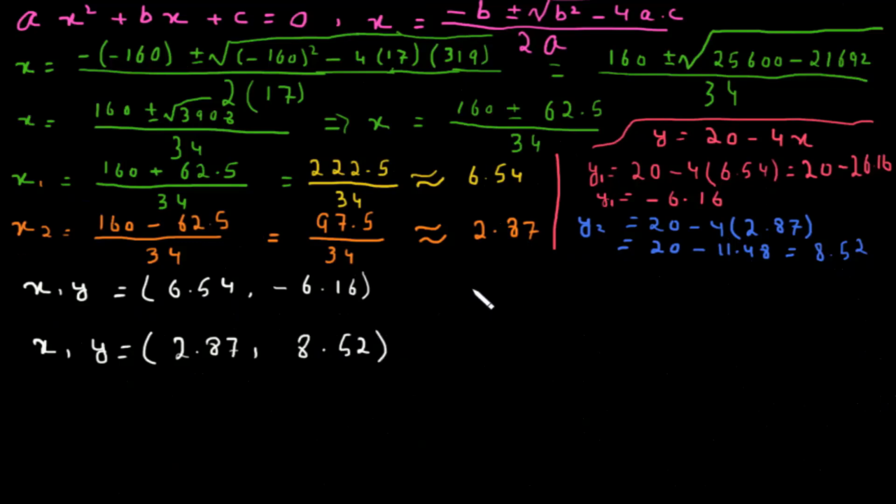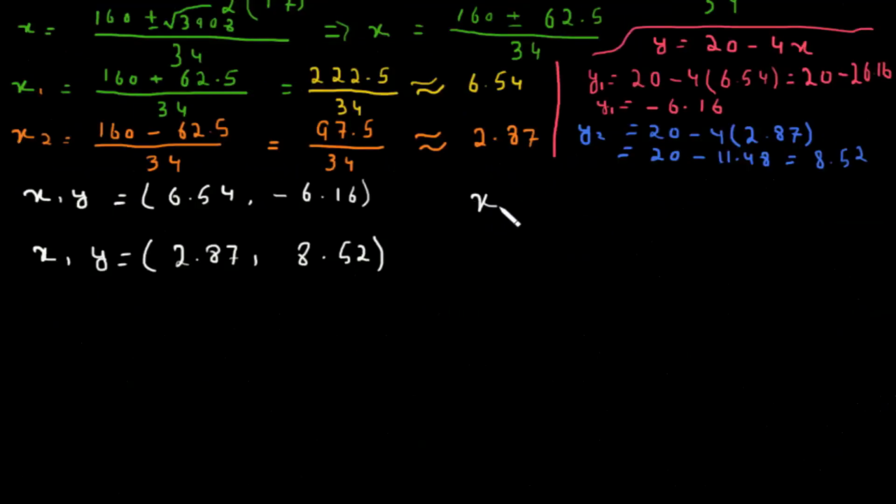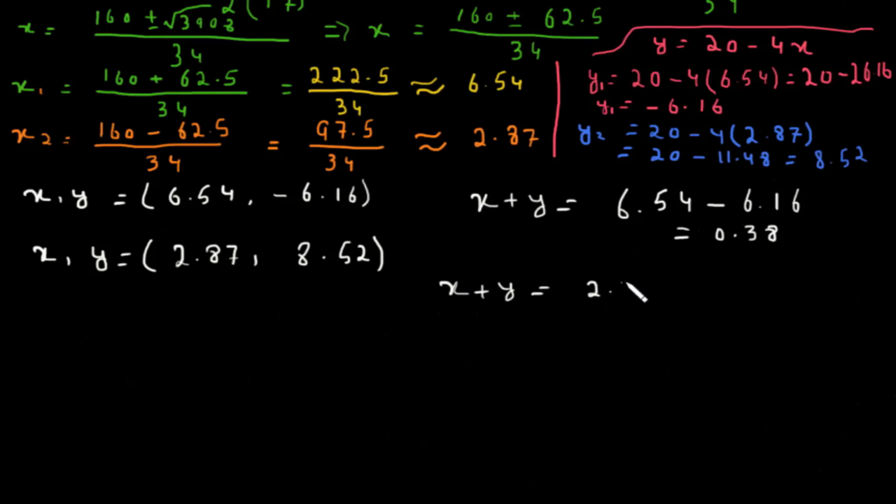Now as we have been asked to find x plus y, for this pair, 6.54 minus 6.16, I will get 0.38. Alright, and similarly x plus y will be equal to, for this pair, that is 2.87 plus 8.52, and it will be equal to 11.39.